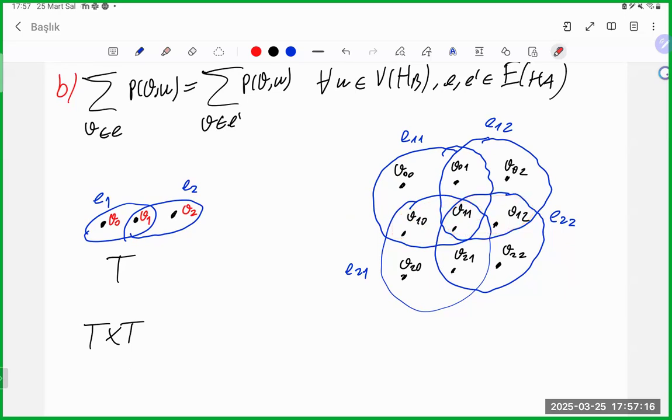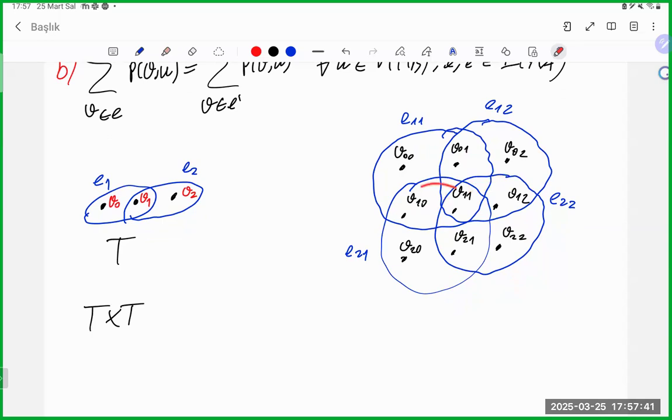Maybe you would like the sum to be one, but you can't have it be one because they're not in the same hyperedge. Yes, so those three are not in the same hyperedge, and those and those should be equal. Now we understand the condition. I think I mismarked those three.